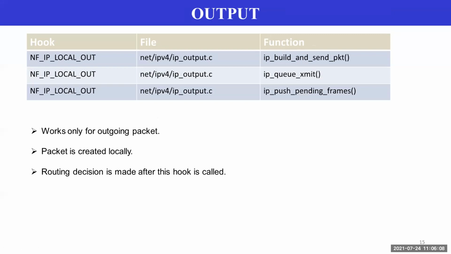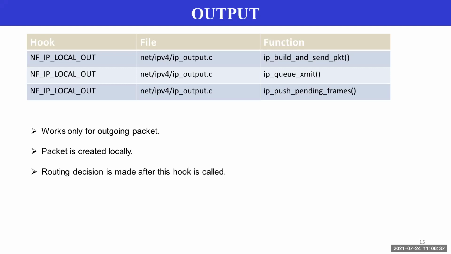Local out is the only hook point among the five where there are three different positions, because the packet can be sent from three different positions. I'm not going into the details, but if you go through the Linux kernel source code, you will see that IP output has three different paths of sending the packet to the lower layer.